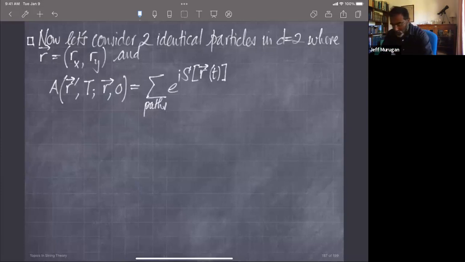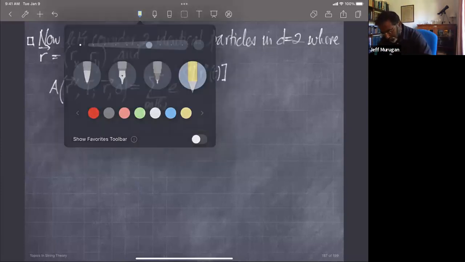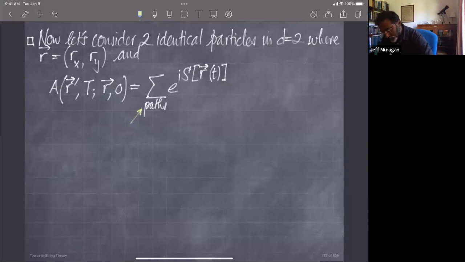The sum is taken over all paths that join R to R prime.